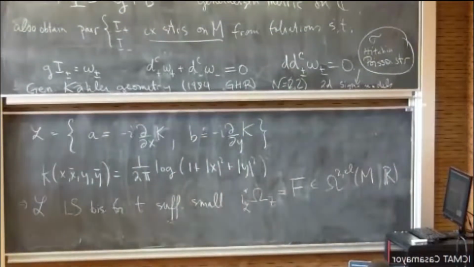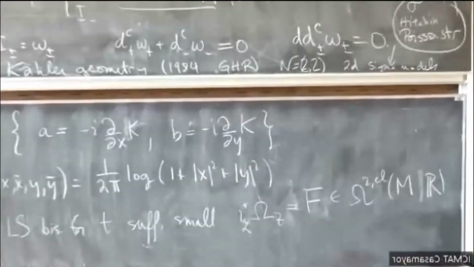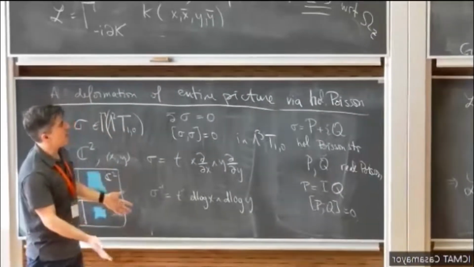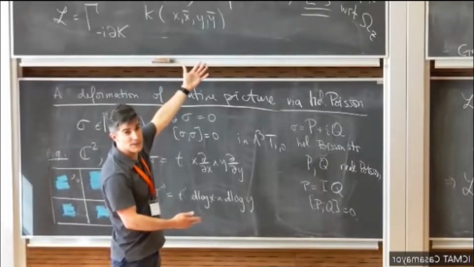It is understood by Hitchin that it determines the holomorphic Poisson structure. So what I'm trying to describe is that the idea that a Kähler metric is a Lagrangian inside this holomorphic symplectic space continues to be true in this deformed version, where we use a holomorphic Poisson structure to deform the geometry on the base as well as the nature of the holomorphic symplectic manifold.